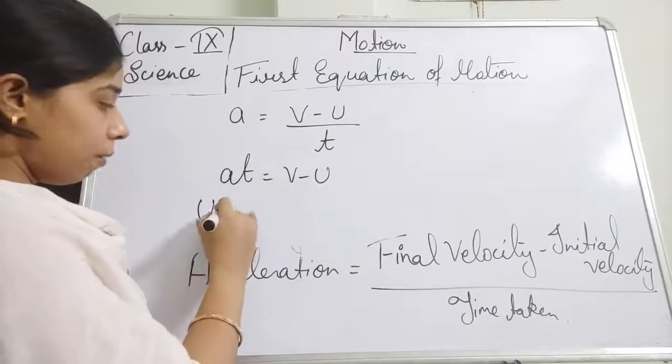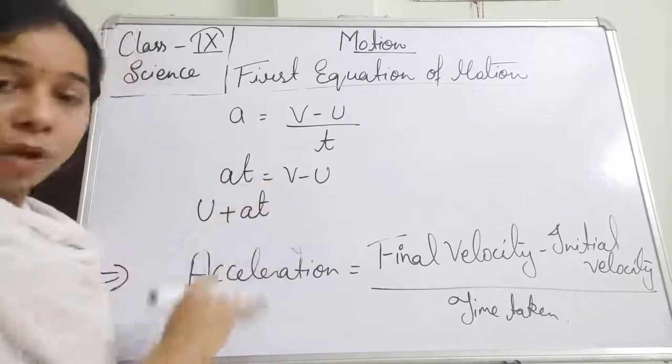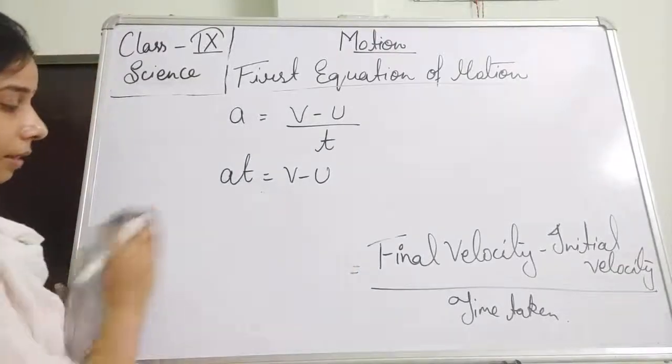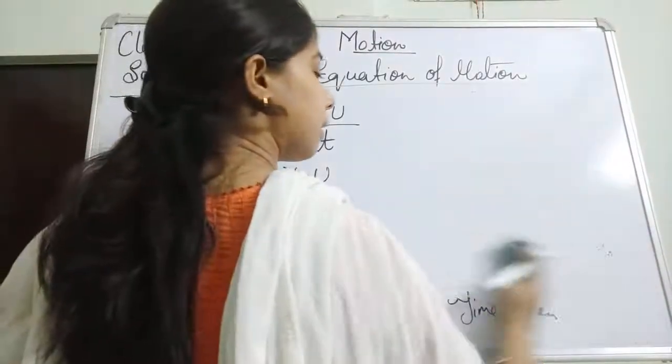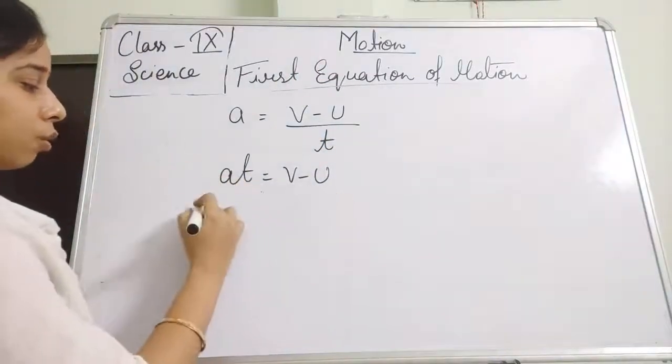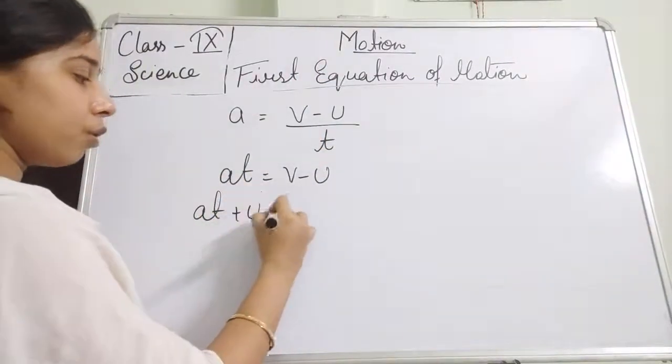So u plus at is equal to v, or at plus u is equal to v.